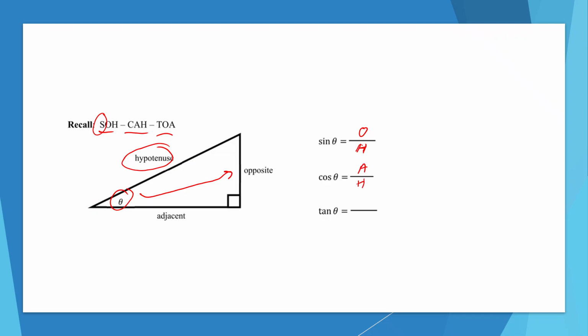And then tangent, or TOA, is going to be opposite over adjacent. So making sure that you have those ratios memorized is really going to be helpful for today's lesson.